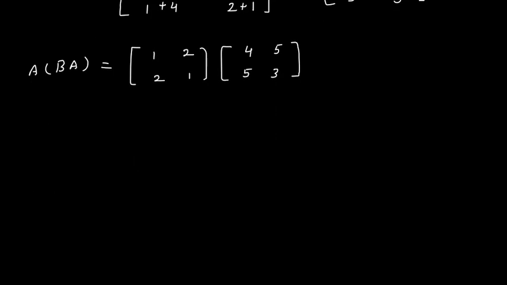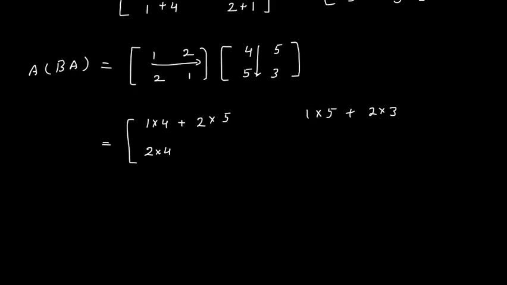Here we multiply and we get this first row with this first column. So what we get? 1 into 4 plus 2 into 5. Here we get 1 into 5 plus 2 into 3. And second row we get 2 into 4 plus 1 into 5. Here we get 2 into 5 plus 1 into 3.